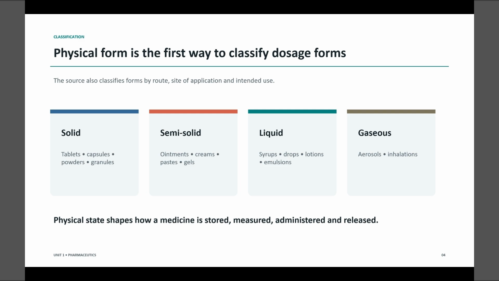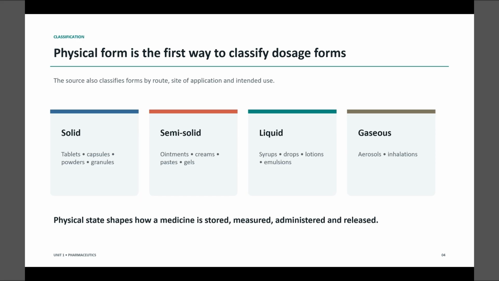Solid dosage forms include tablets, capsules, powders, granules, etc. Semi-solid forms include ointments, creams, pastes, and gels. Liquid dosage forms include syrups, drops, solutions, and emulsions. And gaseous forms include aerosols and inhalations.